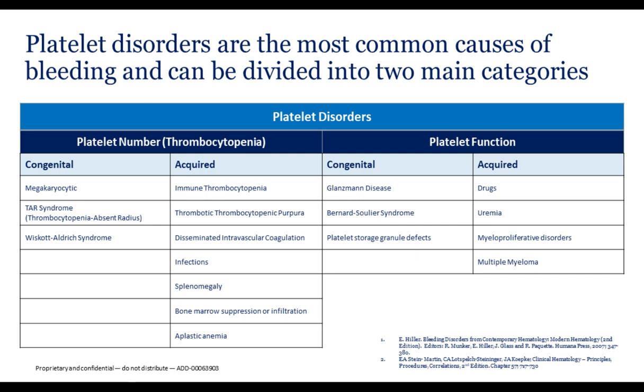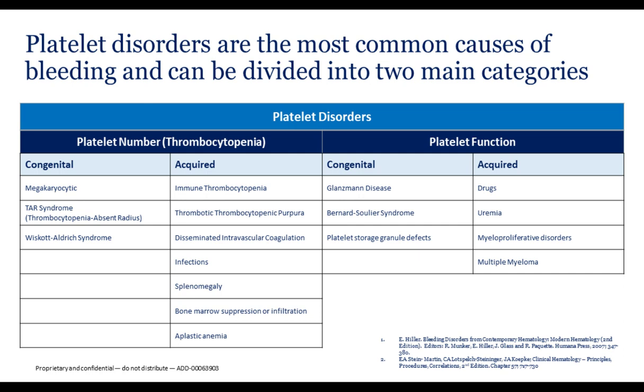Platelet disorders are the most common cause of bleeding and can be divided into essentially two categories related to platelet number and or the platelet function. In this table below, you can see under platelet number, most often associated with thrombocytopenia, can be two types of issues, one congenital and one acquired.